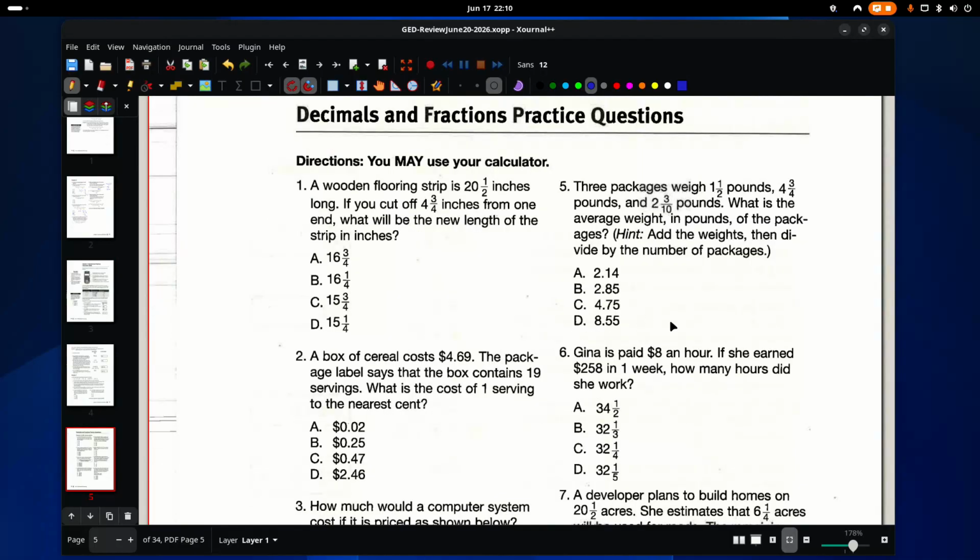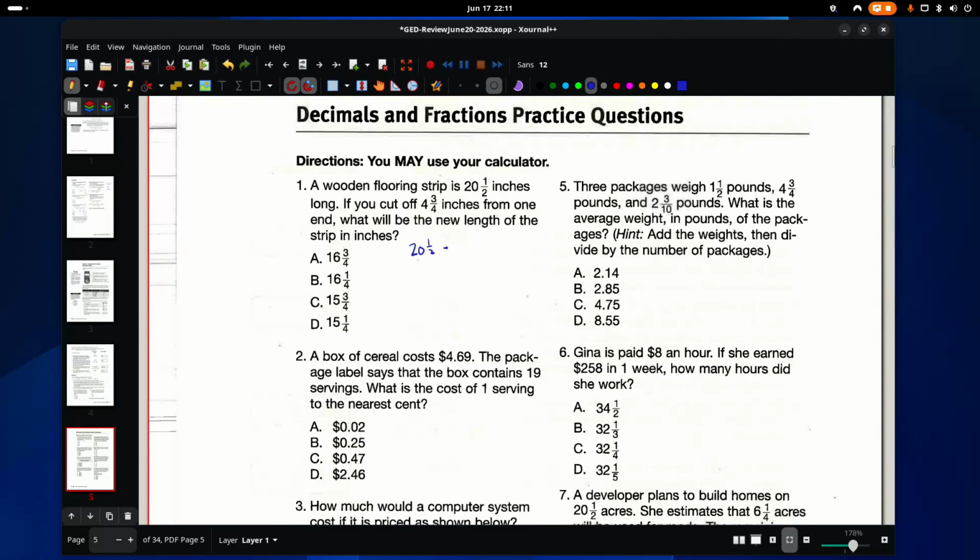A wooden flooring strip is 20.5 inches long. If you cut off 4 3/4 inches from one end, what will be the new length of the strip in inches? So here we've got 20 1/2, and we're going to cut off 4 3/4 inches.